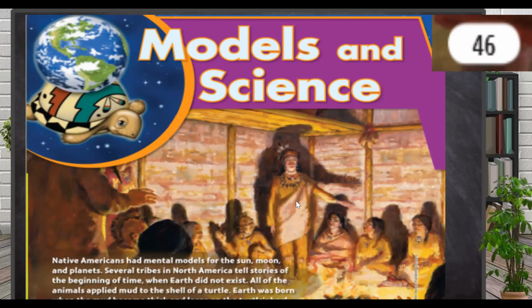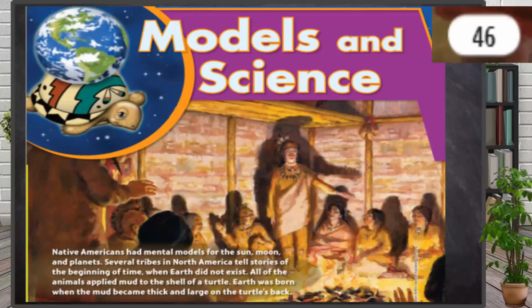Earth was born when the mud became thick and large on the turtle's back. Thank you, my dear. So models have been there since a long time ago, and they used them to explain and to learn about animals, earth, and everything.